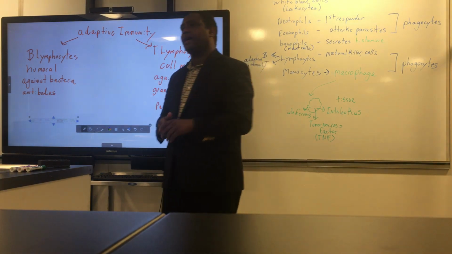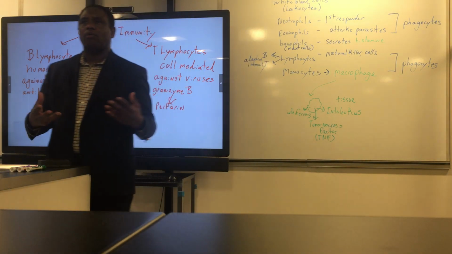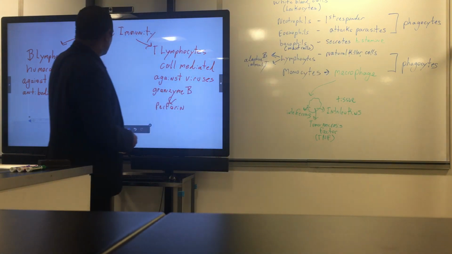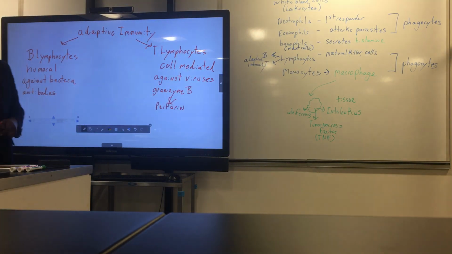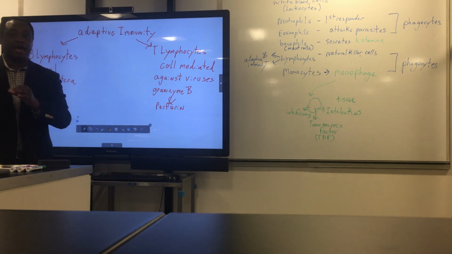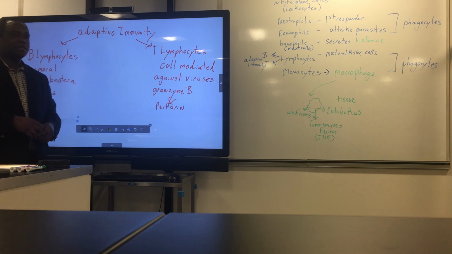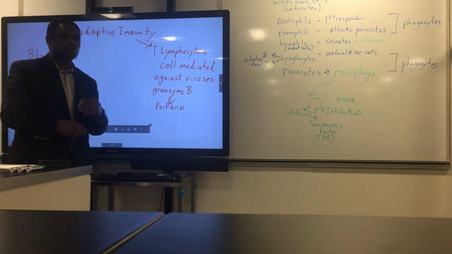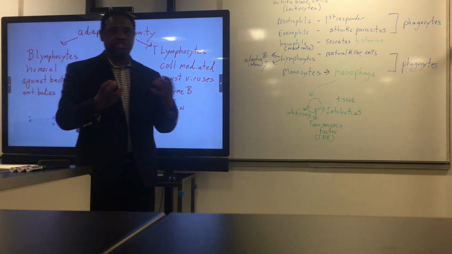Let's not forget that all of our white blood cells come from red bone marrow. That's why we call that organ a primary lymphatic organ. Not only because of that, but also because in adaptive immunity, that's where B lymphocytes mature.